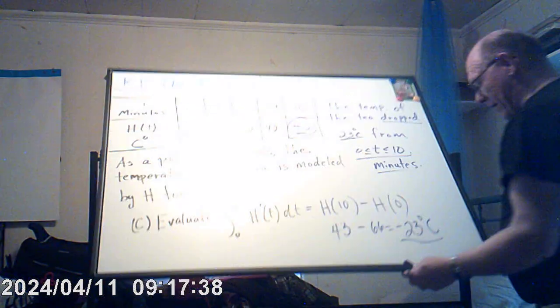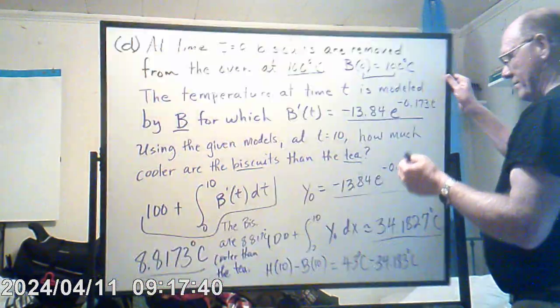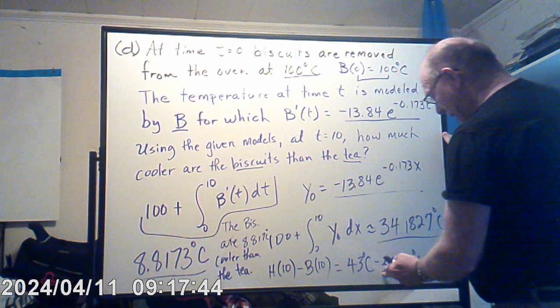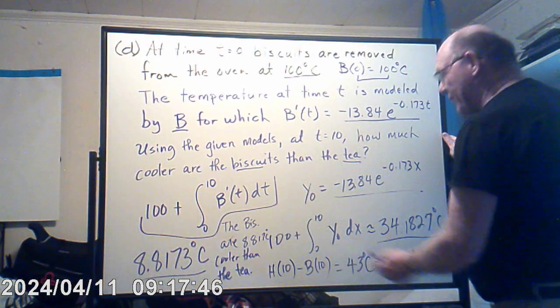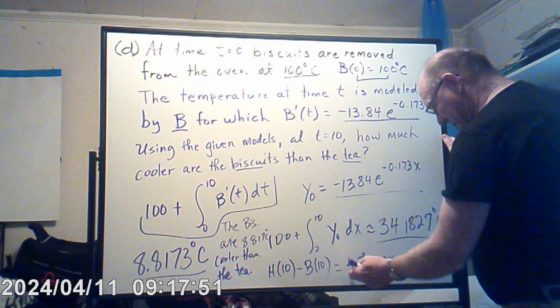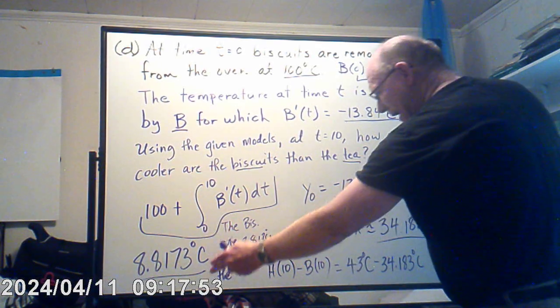The biscuits, at time t equals 10, by that 10th minute, are down to 34.183 from 100, so you subtract those two off, and that's your final answer.